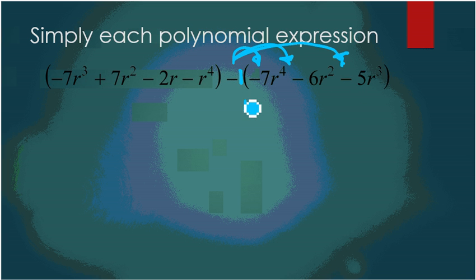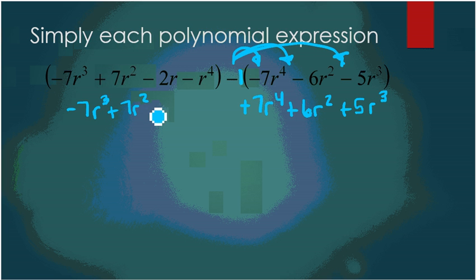Negative times a negative is a positive 7r to the fourth. Negative times a negative is a positive 6r squared. And minus 1 times minus 5 is positive 5r cubed. Now we bring down the other leading polynomial, which is minus 7r cubed plus 7r squared minus 2r minus r to the fourth.